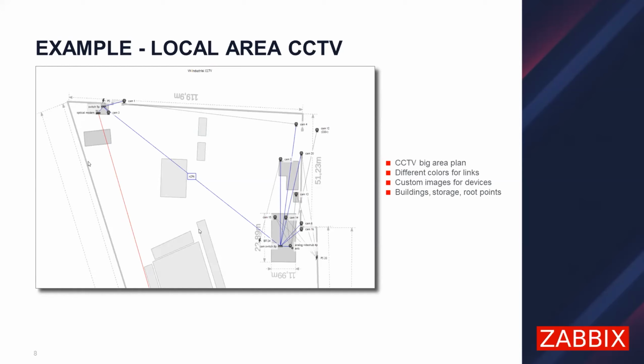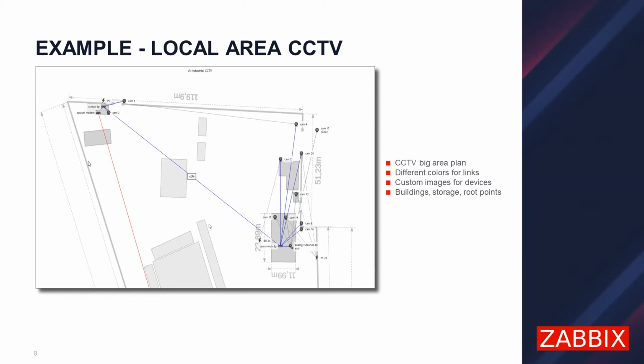And by having different colors for links, we can easily tell that some cameras are online, some are offline, and also we can have some status, for example, for the optical modem at the top of the screen. So you don't need to go to the problem portion of Zabbix, so you'll have the possibility to just grasp the screen, understand what is happening in your area, and this will save you a lot of time understanding what's happening there.